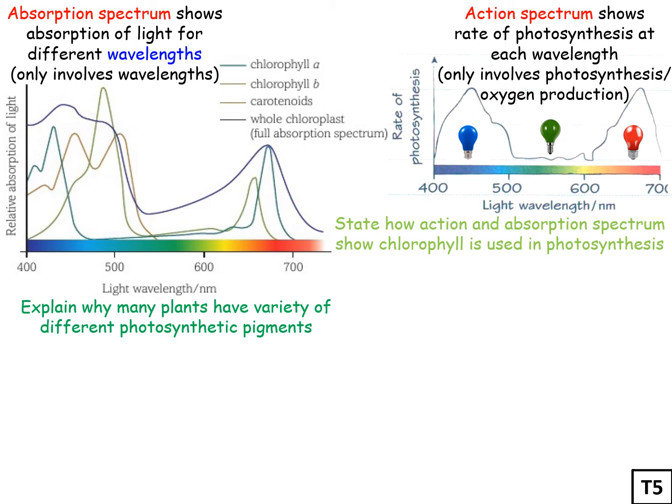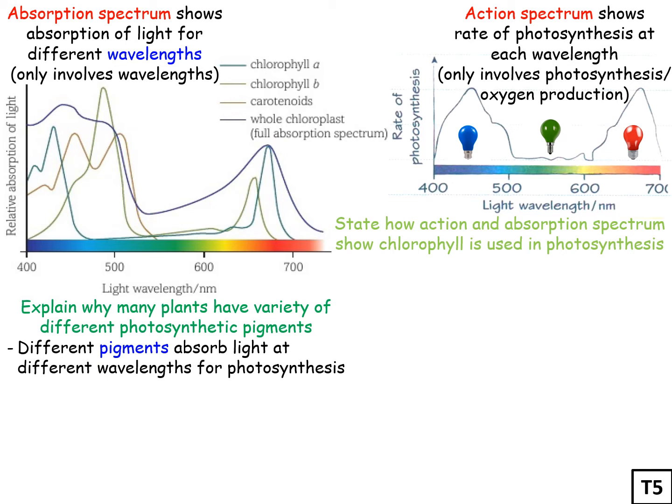Explain why many plants have a variety of different photosynthetic pigments. Why would there be different types? The most common one you would have heard of is chlorophyll, but there's actually two types of chlorophyll, A and B. Having different pigments means that you could absorb light at different wavelengths for photosynthesis, because the different photosynthetic pigments absorb different wavelengths or ranges of wavelengths, and therefore having different combinations of them means that you could absorb more light at different wavelengths.